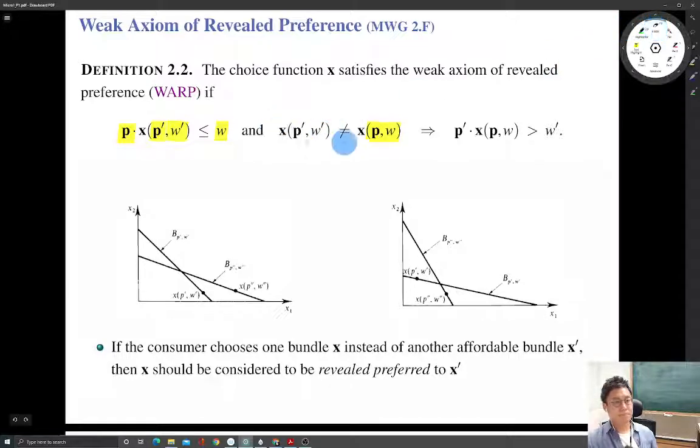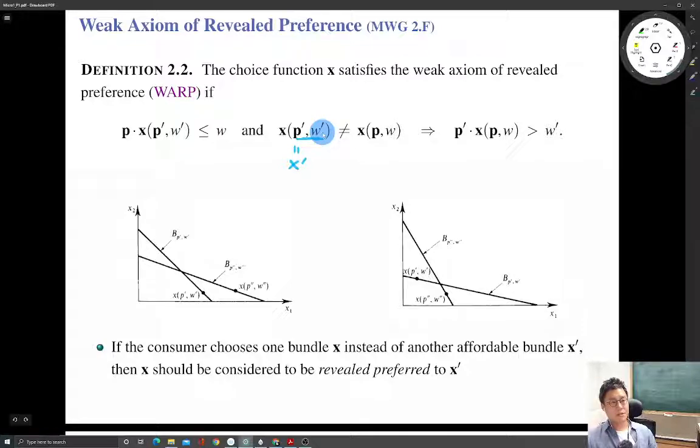Okay? And to simplify the notation, let me call the actual choice made by the consumer under this scenario, so under this budget set P prime and W prime, so the choice function's value at these two parameters. Okay, and let me call this bundle X prime.